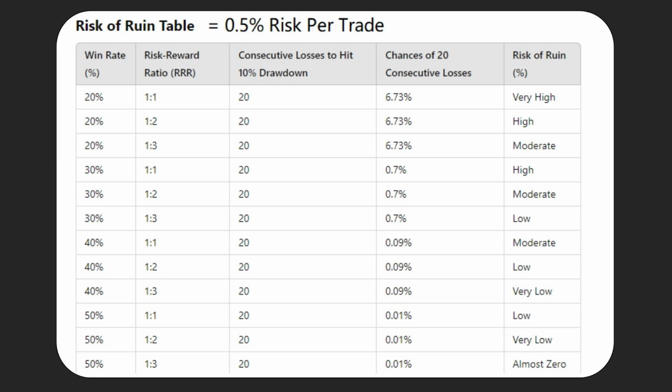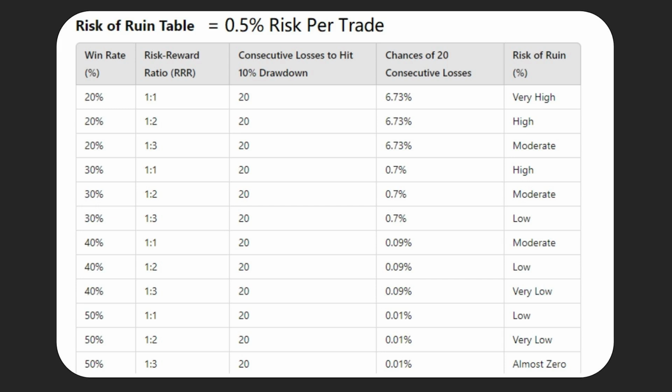I'll also give you a percentage value for that as well. So in this case, your risk of ruin is extremely high. It's really high right here, right? You can see the risk of ruin, or simply the chance or probability of you blowing your account, is higher than 90% in this case. This is what this data shows and this is where your eye should be.